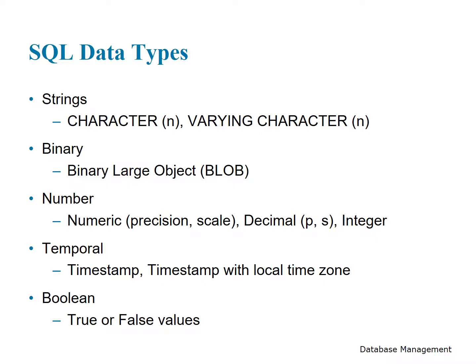In Table 5-2, there are sample American National Standards Institute SQL data types. String: CHARACTER(n) or VARYING CHARACTER(n). CHARACTER stores string values containing any characters in a character set and is defined to be a fixed length.